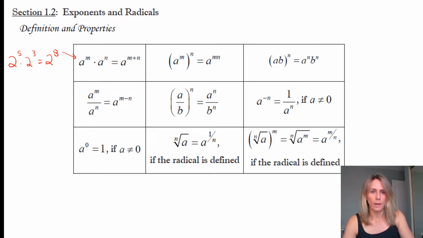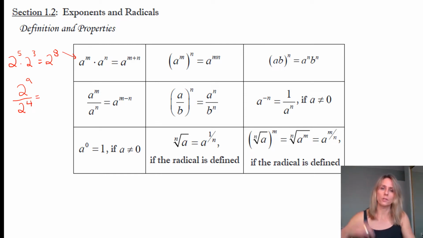I'll do the one below that. Similarly, if you have, say, 2 to the 9th, and you divide it by 2 to the 4th, we can do all sorts of things here. What we're going to find is that in the numerator is just 2 times 2 times 2 times 2 times 2, 9 times. In the denominator, 2 times 2 times 2 times 2, 4 times.